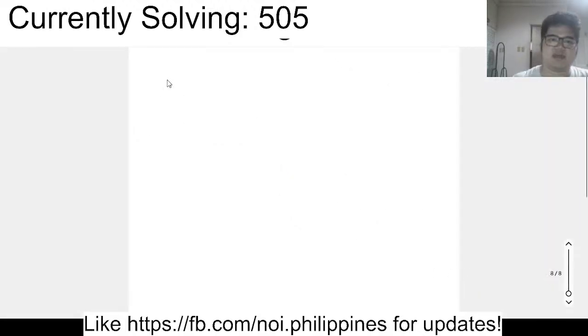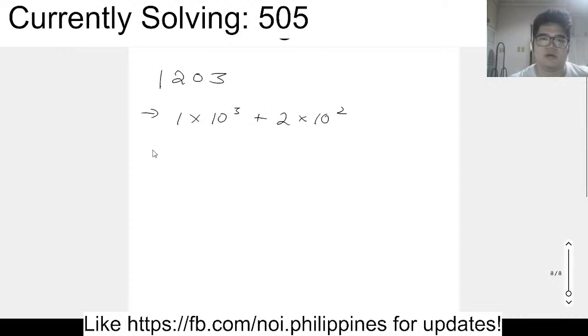For instance, if we have 123, what this means is 1 times 10 squared plus 2 times... wait, I don't want to pick this number. I want to pick a better number. 1203. There you go. This is 1 times 10 to the 3 plus 2 times 10 to the 2 plus 0 times 10 to the 1 plus 3 times 10 to the 0. This is the expanded form.